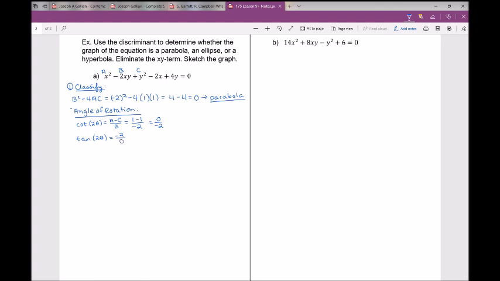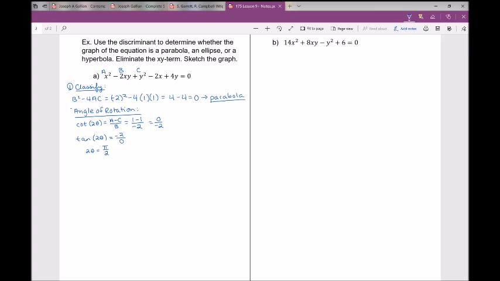Okay, and so we've got a situation where the tangent does not exist. Okay, and we know that the tangent does not exist when your angle is pi over 2. So even though we have a 0 in the denominator, that actually tells us that the inside of the tangent is equal to pi over 2. Okay, and this is the same thing as taking the tangent inverse.